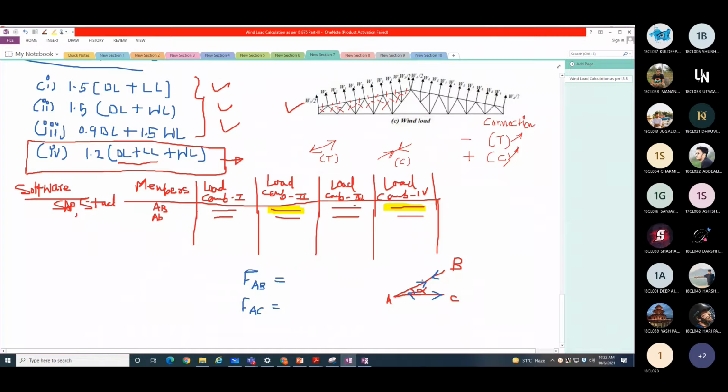So the first one is compression and this one is tension. If you get a positive value, that means the force in AB is in compression, right?